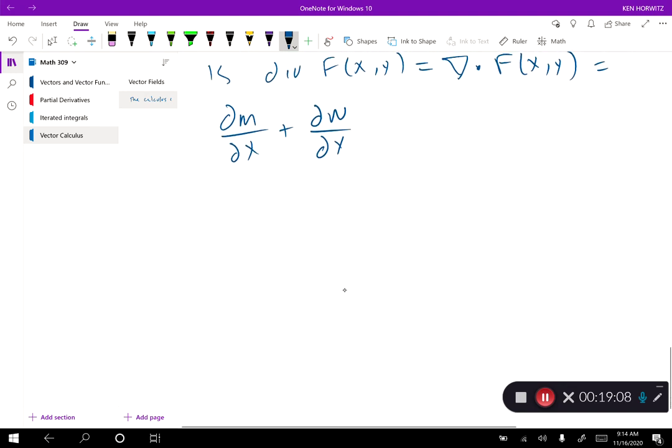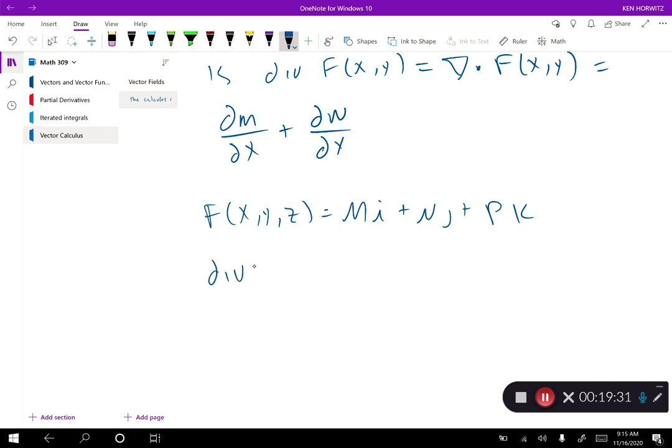So what if we wanted a vector field in space? What if we wanted f of x, y, z, that would equal mi plus nj plus pk. And we would do the same exact thing. The divergence of f of x, y, z equals my gradient dot my vector.